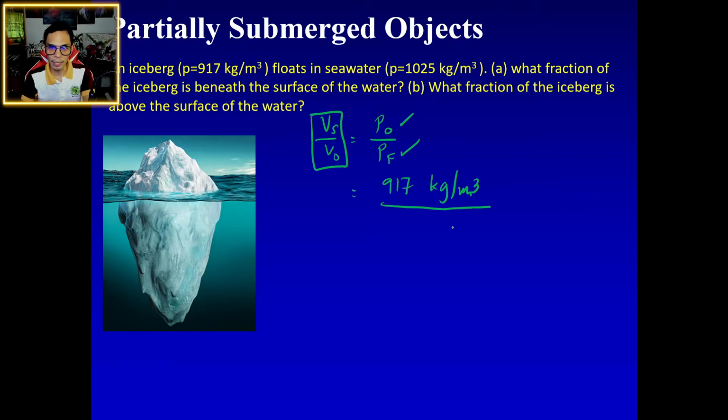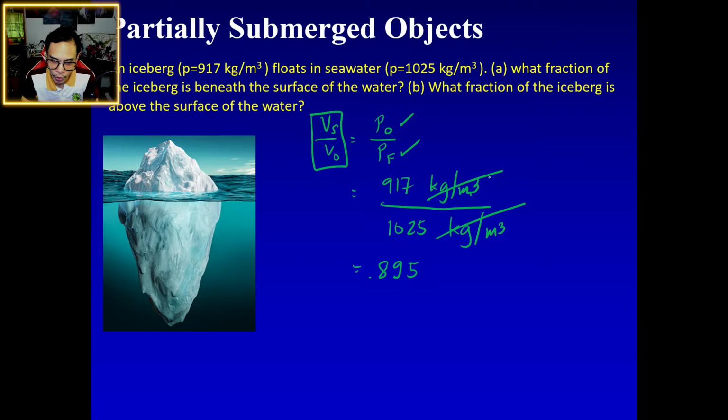On the other side, we have 1025 kilograms per cubic meter. So the cubic meter will cancel, and we have 0.895, unitless.